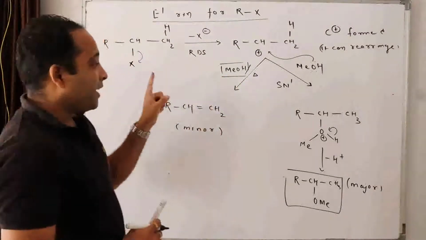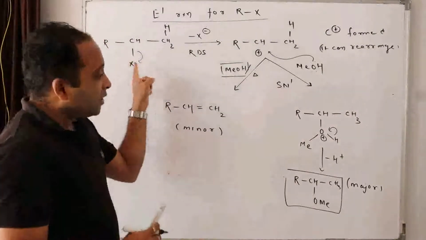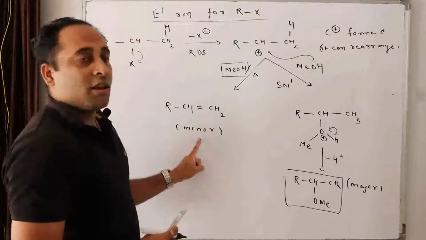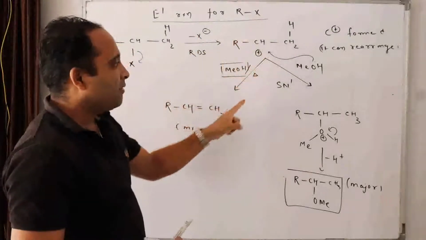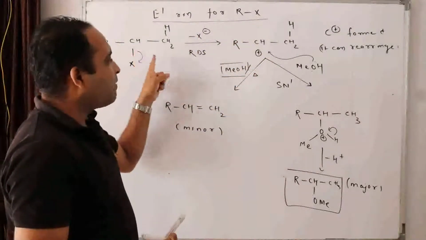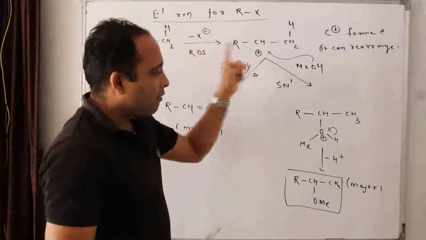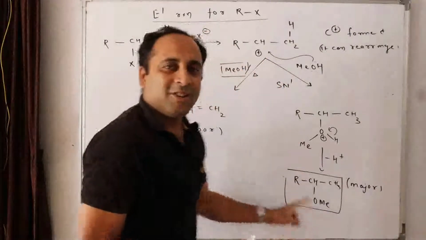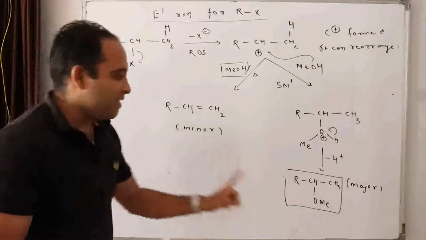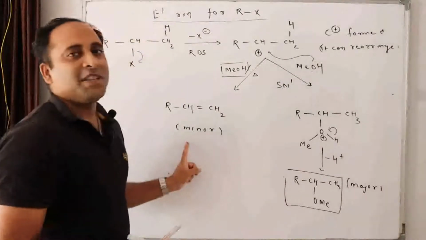That means preparation of alkenes from alkyl halide is not a good method. Why? Because from alkyl halide, if I try to prepare, what will be the major product? The major product will be this one, not alkene. Here SN1 dominates the elimination E1 reaction.